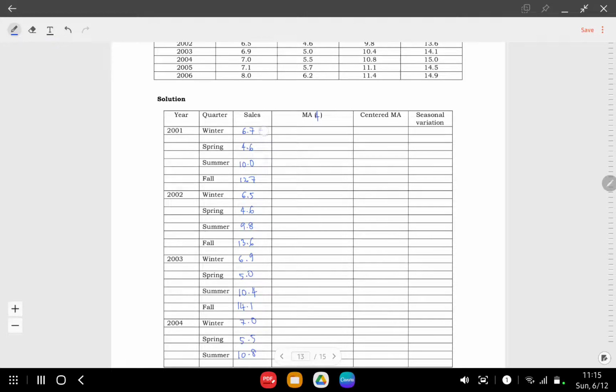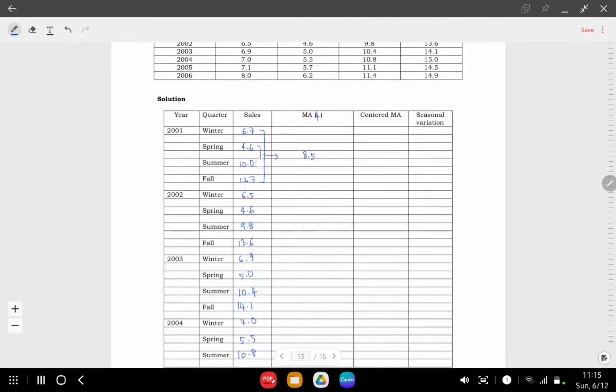So we need to take the first 4, and write the result in this row. 6.7 plus 4.6 plus 10 plus 12.7 divided by 4. I just write the answer here without the working solution: 7.5.